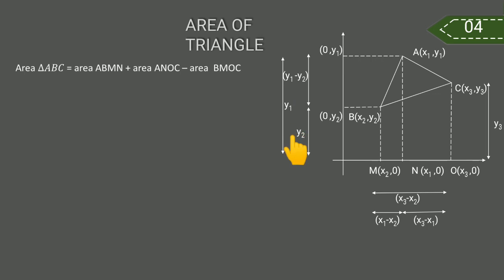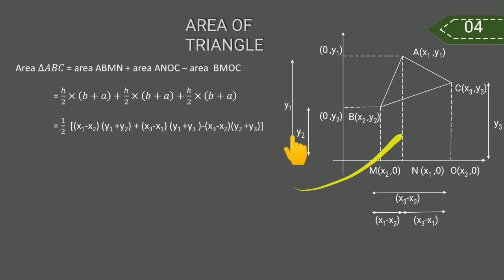Similarly for trapezium ANOC, the height of this trapezium is NO. The distance from the origin to point N is x1 and the distance from the origin to O is x3.